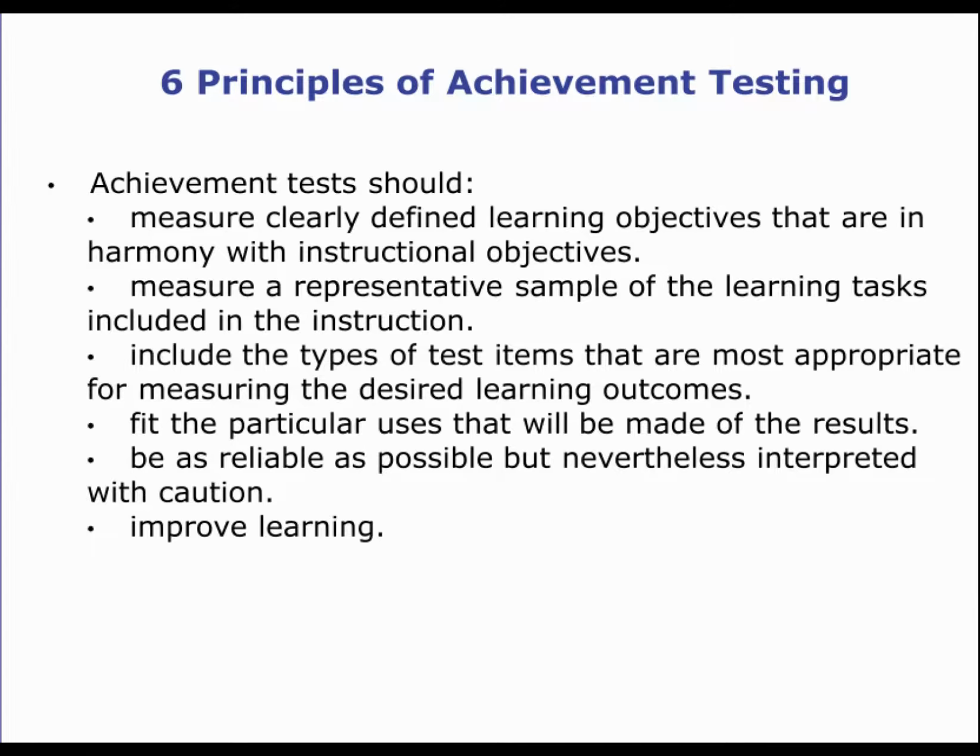When we look at achievement tests, which is most of the things that we're giving, they measure clearly defined learning objectives that are in harmony with their instructional objectives, so they should be matching. They measure a representative sample of a learning task included in the instruction. Let's say you spent 3 weeks on Martin Luther King, and then you spent 1 week or 3 days on Gandhi.